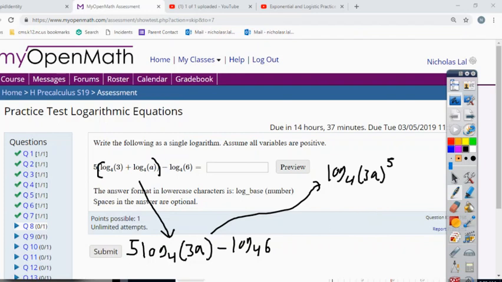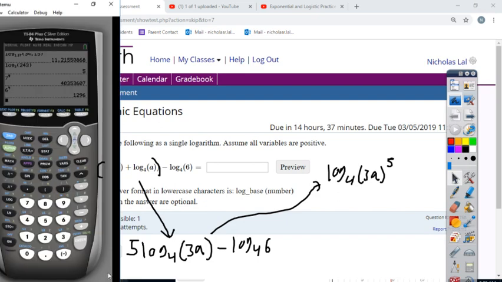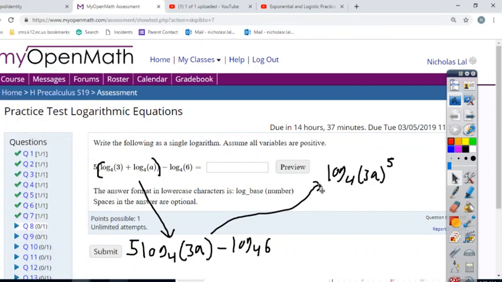Let me double check that with my calculator. 3 to the 5th is 243.